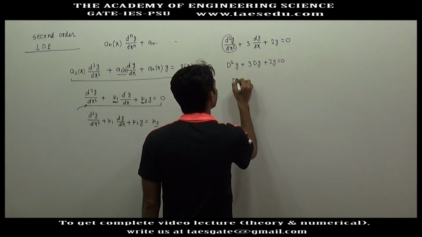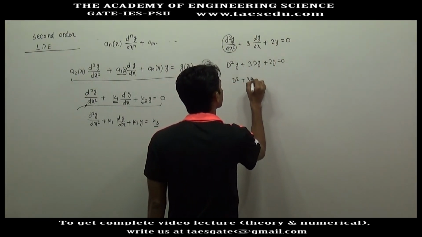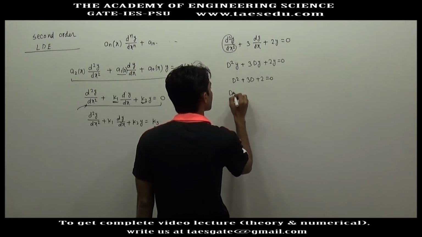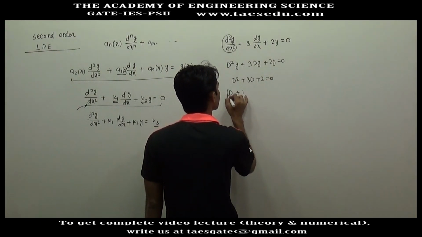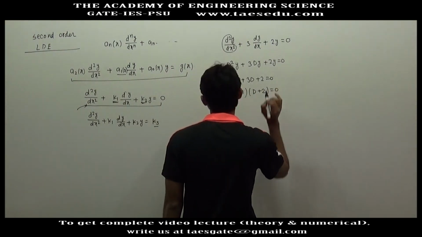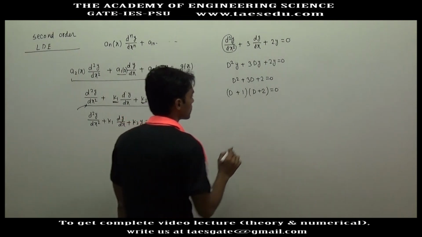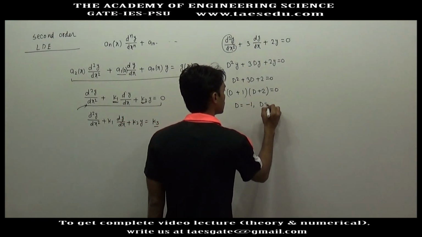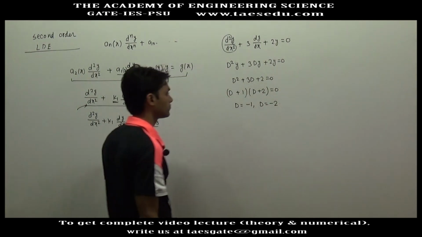So this will be D square plus 3D plus 2 equal to 0. It can be factorized as (D plus 1) into (D plus 2) equal to 0. So here we have two values, D equal to minus 1 and D equal to minus 2.